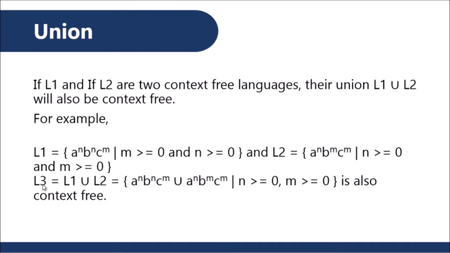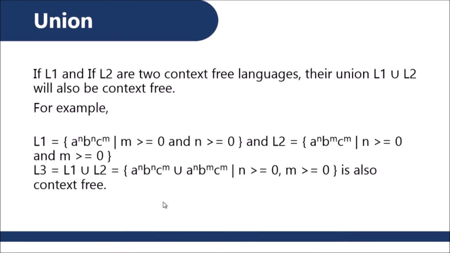Language 3 is equal to L1 union L2, which is a^n b^n c^m union a^n b^m c^m, where n and m are greater than or equal to 0, and is also context-free.